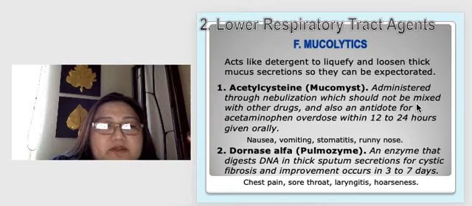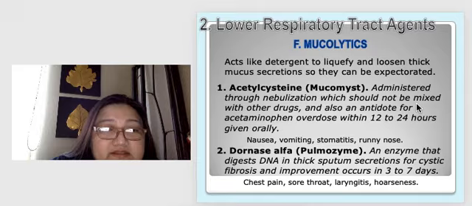Another important mucolytic is Dornase alfa, or Pulmozyme. It's an enzyme which digests DNA in the very thick sputum secretions for cystic fibrosis. Again, I mentioned that cystic fibrosis involves children diagnosed with very thick tenacious secretions.